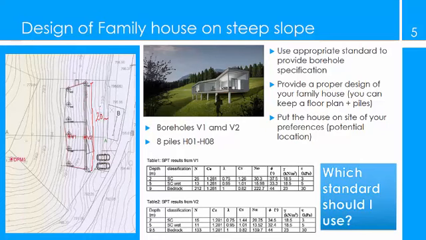Then the distance between piles from pile 3 to pile 8 is 3.6 meters. So the distance here is 3.6 meters, and here as well, and so on.